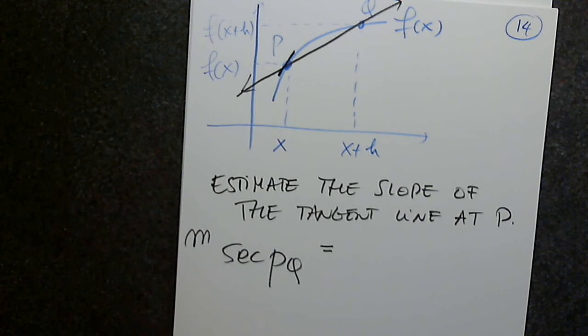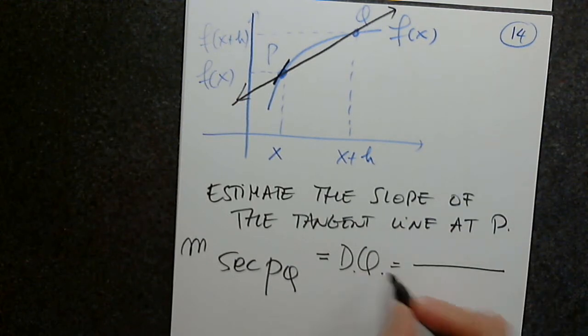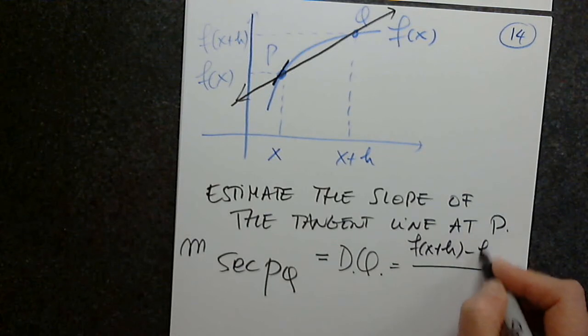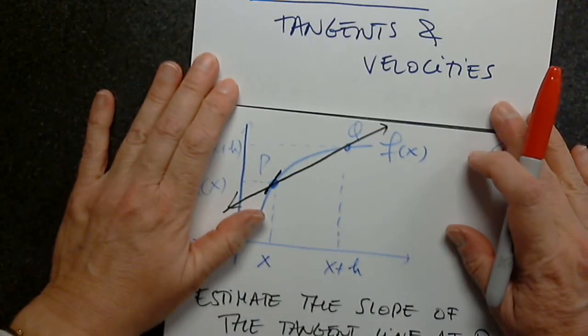And we're going to determine the slope of the secant line that we determined a few minutes ago. What is the slope of the secant line PQ? Yes, of course, it's a difference quotient: f of x plus h minus f of x divided by h. Again, we are going to pick a function in a minute, and we're going to work through the example step by step. But stay with me for a second.